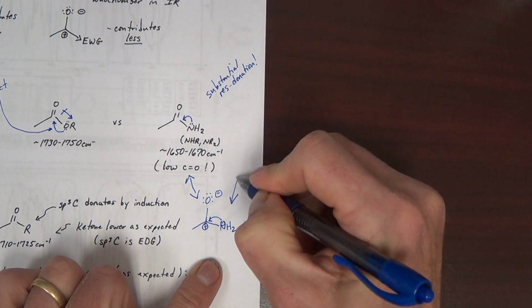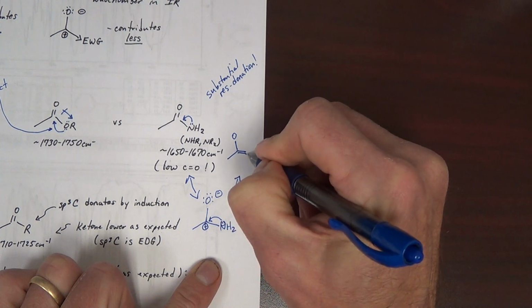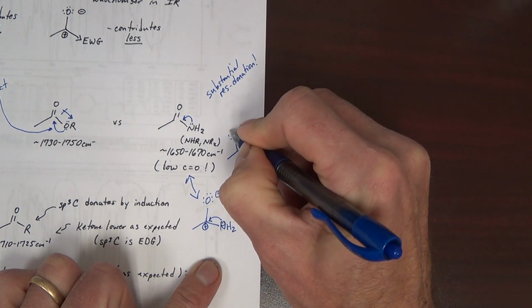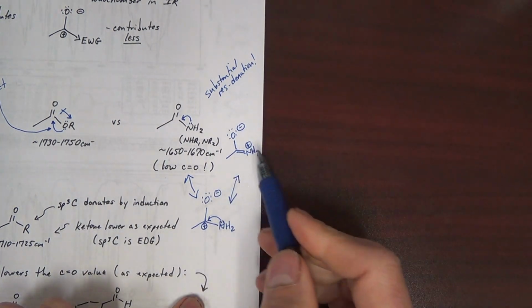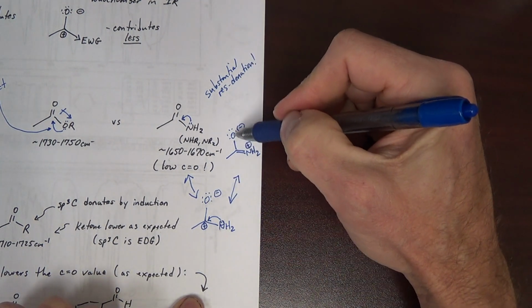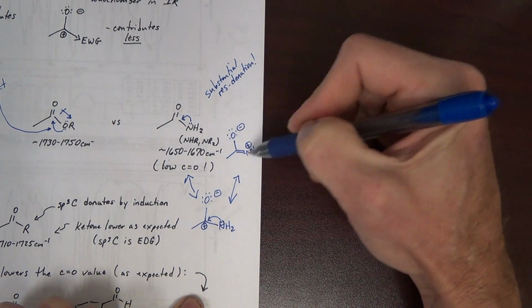I'll come back this way, and we can get to this resonance structure. Again, we still see there's single bond character here that comes from this resonance structure.